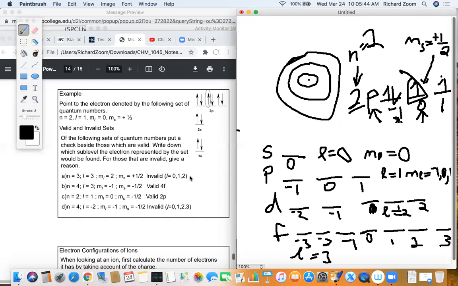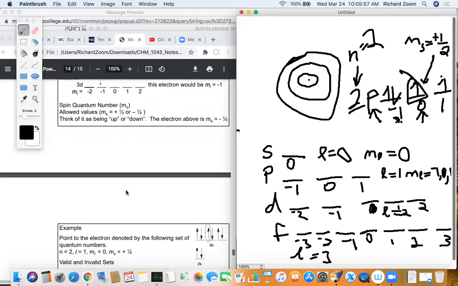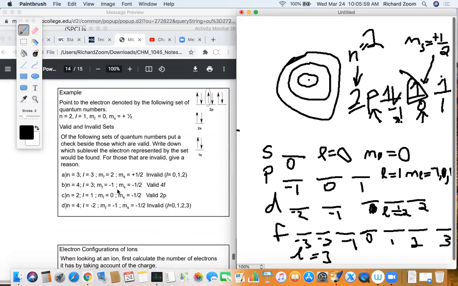So why can L only go up to 2 in this occasion? Because the allowed values for L go from 0 up to n minus 1. So the value for L is actually defined by the n value you have at the beginning, Joseph. We know that the n value is 3, which means L can only be a maximum of n minus 1, which is 2.